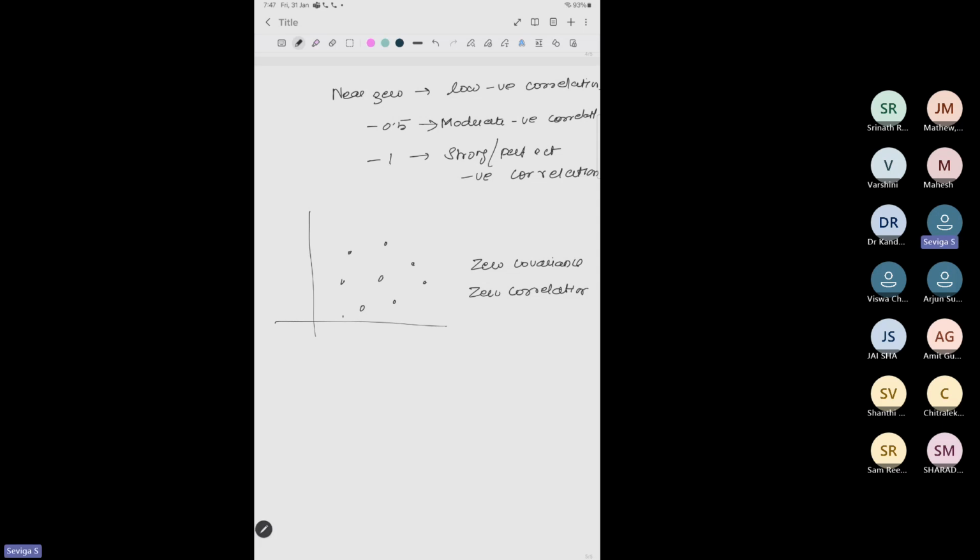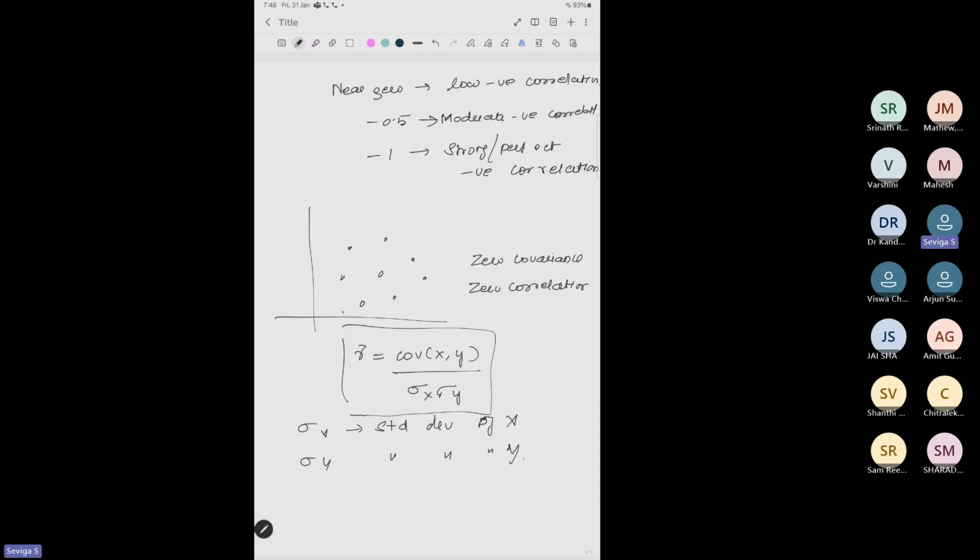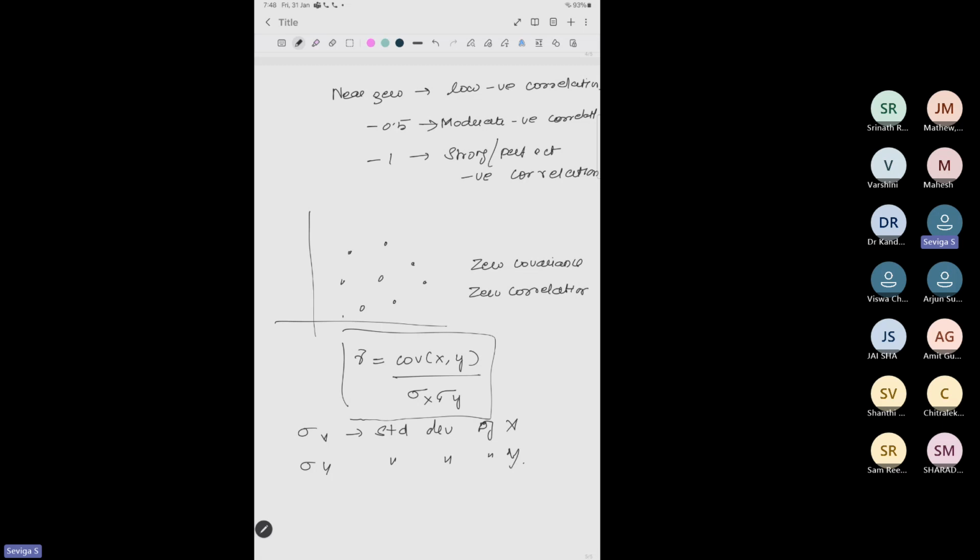Since it is a scaled version of covariance, I can write the correlation coefficient, or just correlation, with this formula: covariance divided by sigma X times sigma Y, where sigma X is the standard deviation of X, and sigma Y is the standard deviation of Y. So this is the correlation coefficient. +1 refers to perfect positive correlation, -1 refers to perfect negative correlation, 0 refers to no correlation.